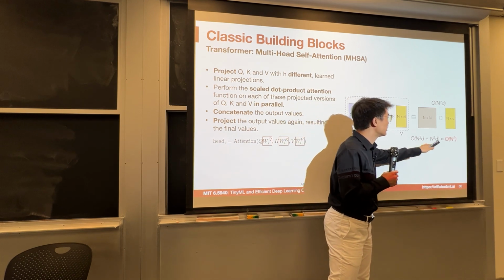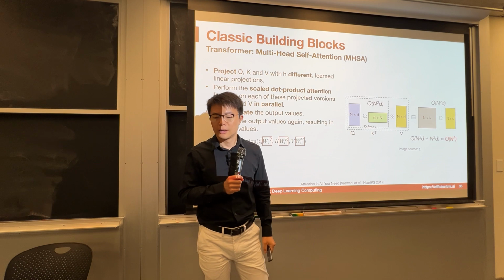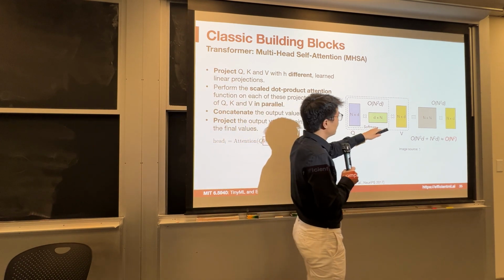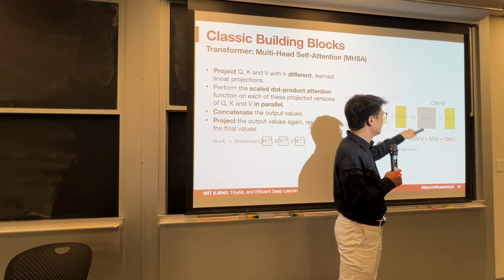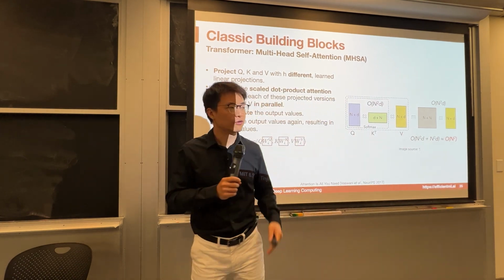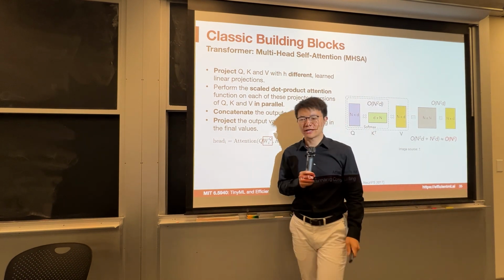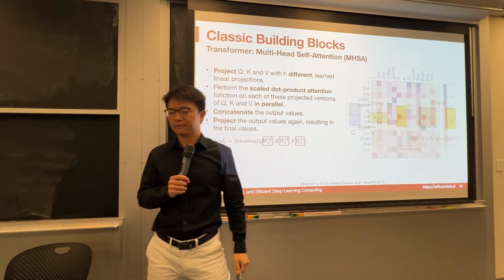And finally, you get another n by d result. So the computing complexity is n squared d, plus n squared d, which is roughly O(n) squared. Even if you use flash attention, you can make the memory linear, but the compute complexity is still O(n) squared.